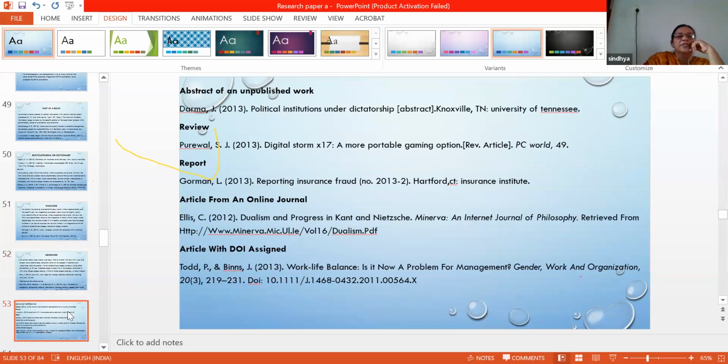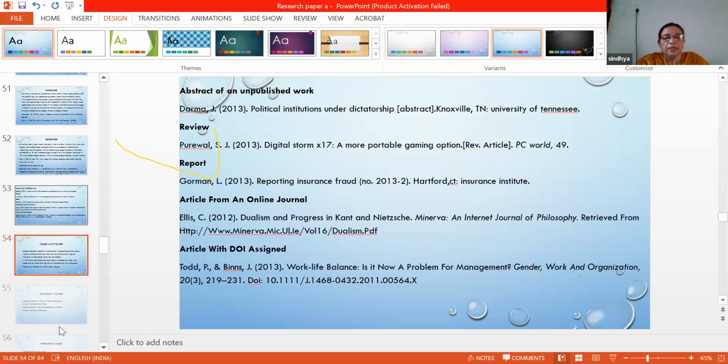So this is the format for an abstract of an unpublished book. When a review is being cited, you have to follow the procedure as given. Then report, article from an online journal, and article with a DOI assigned. Whatever is cited, you should follow this procedure.